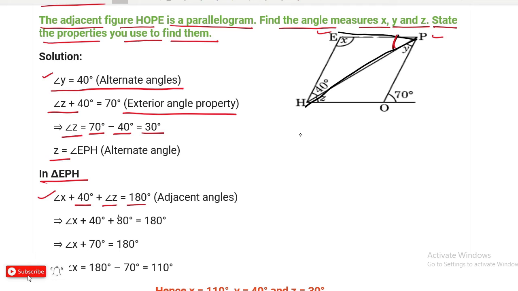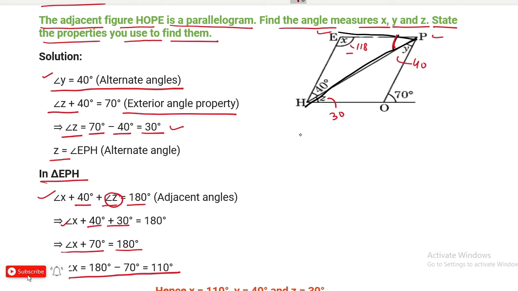Then angle X plus 40 plus 30, the value of Z is 30, is equal to 180. Then X plus 70 is equal to 180. Then X is equal to 180 minus 70, which is 110. So we find the value of X, that is 110, Y is 40 and Z is 30.